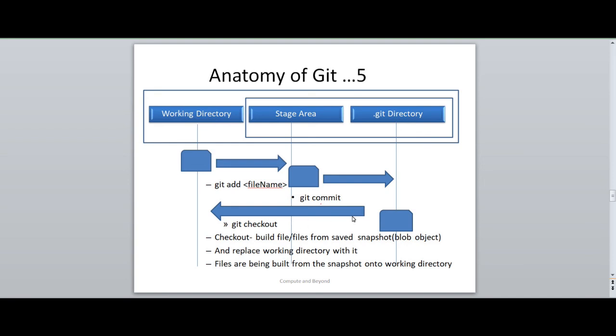After that, if we want to check out or recreate what was within our Git database, we can use git checkout, and checkout will build a file or a bunch of files from the saved snapshot, or the binary object referred by the commit action, and it will replace any file that was required by the checkout command. Files are being built from the snapshot onto the working directory.